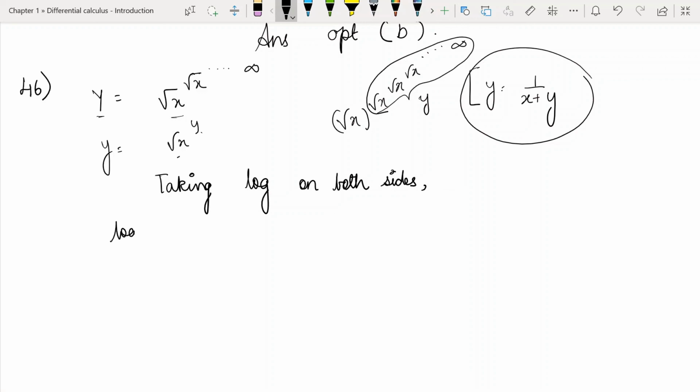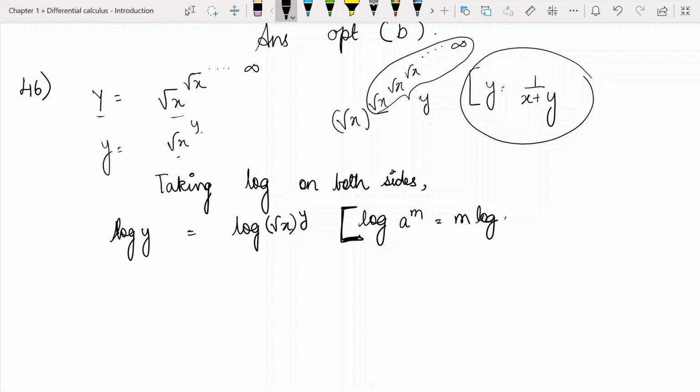So log y is equal to log of root x raised to the power y. Okay, now the property: log a power m is equal to m log a. So this is nothing but y log root x.